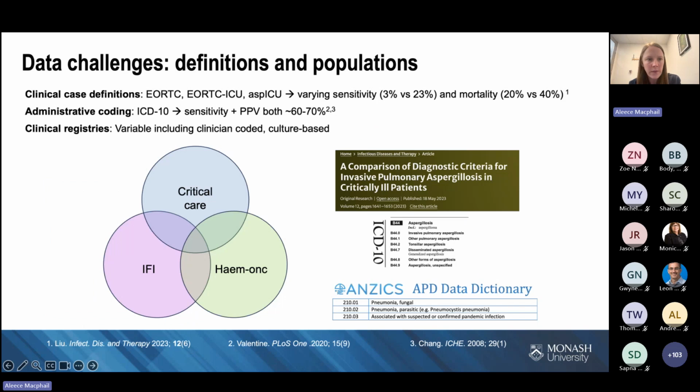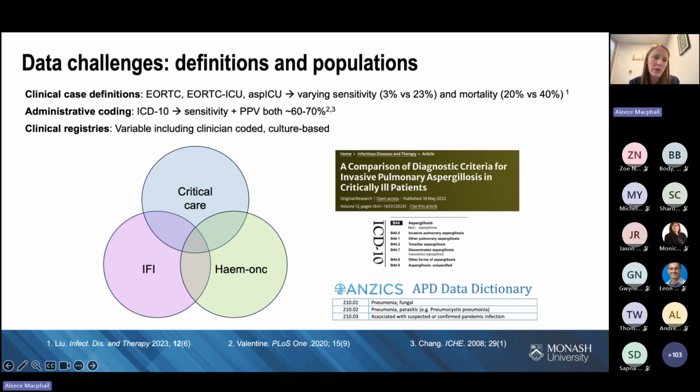So what data do we have available to get a sense of how these patients do when they're admitted to ICU? It's actually a really difficult question to answer with the available epidemiological data for a number of reasons. One is that in the grand scheme of things, we're asking quite a specific question that is relatively rare: invasive fungal infections in haematology-oncology patients in ICU.